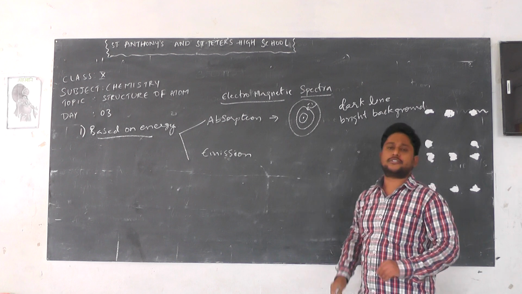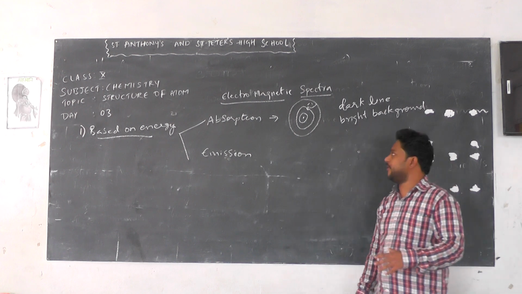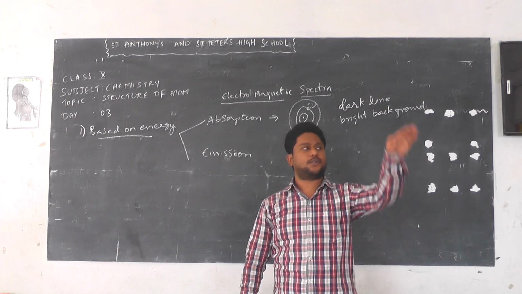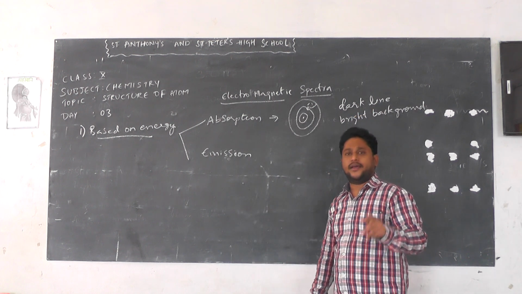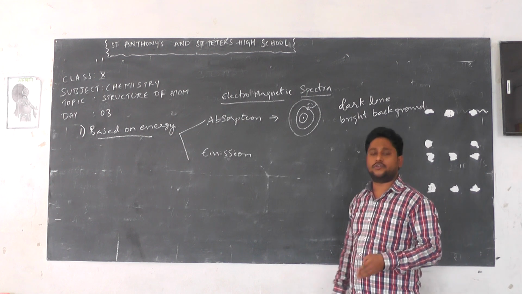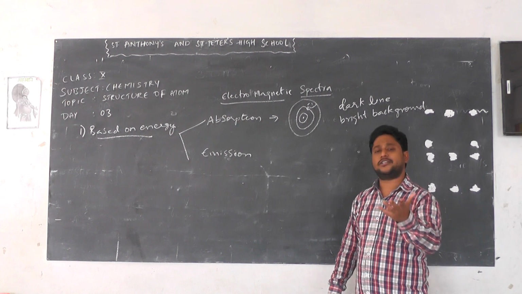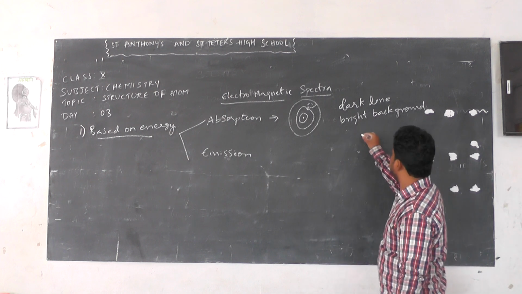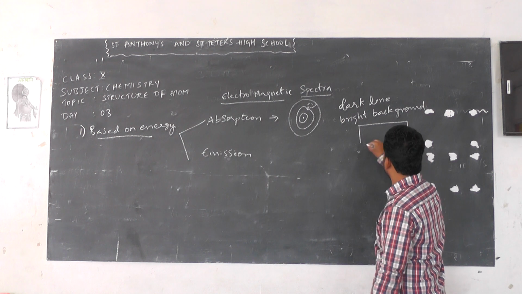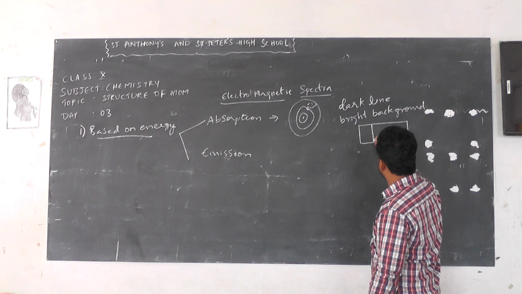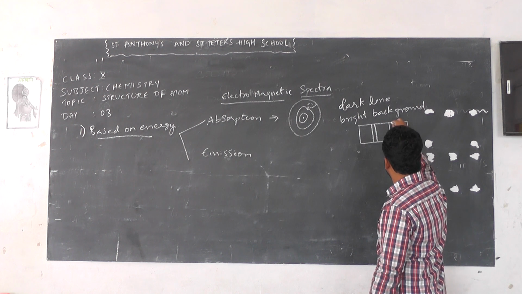So in this absorption spectra, when an electron gains energy and jumps from lower energy level to higher energy level, it is going to give you the dark lines with the bright background. Let us see, it will be in this way.